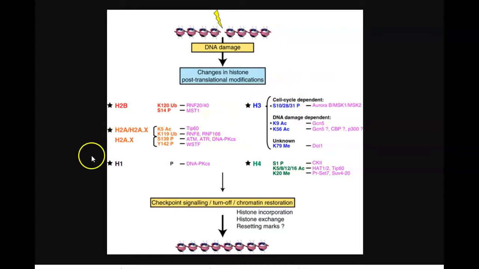And it tells the cell, hey, stall in the cell cycle. Don't go any further in cellular replication, in cellular reproduction. Stop. We've got DNA damage we need to fix. Do not progress along with the cell cycle. That's what this particular histone code tells the cell.